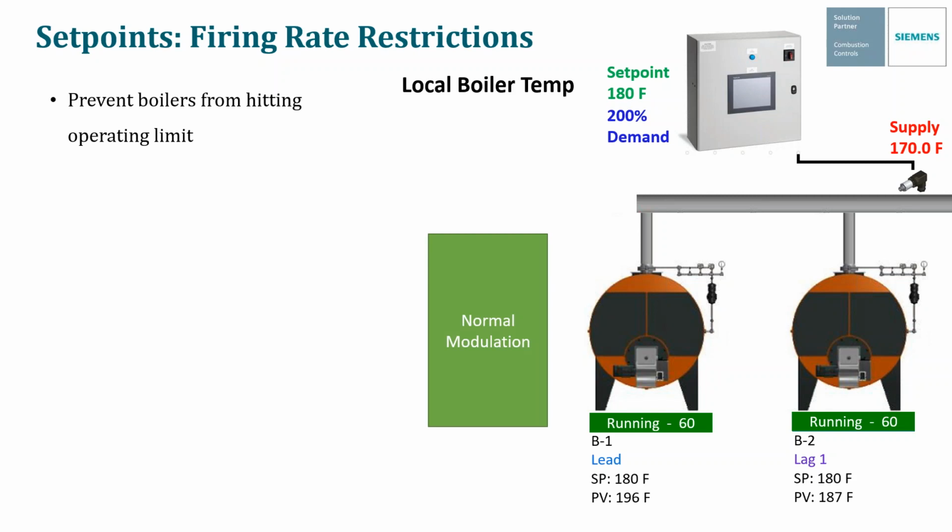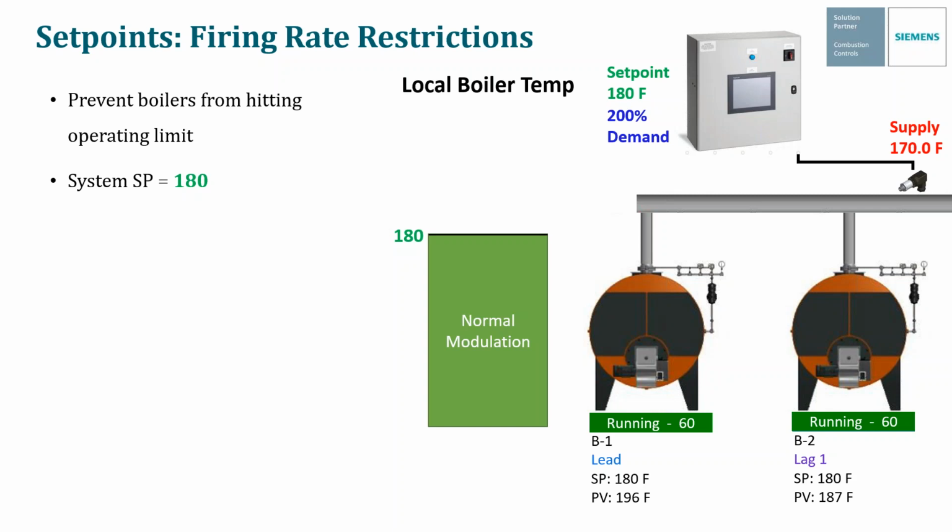So we're going to build a little chart in the middle of the screen here, and we're going to talk about the local boiler temperature at boiler 1. The system set point is 180 degrees, so normally that would mean that the local set point is also at 180 degrees. Anywhere below this 180 degrees, we have just normal modulation.